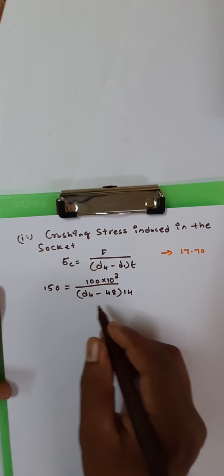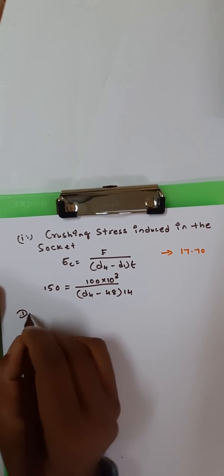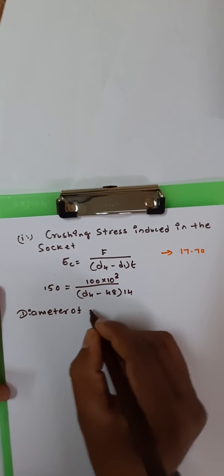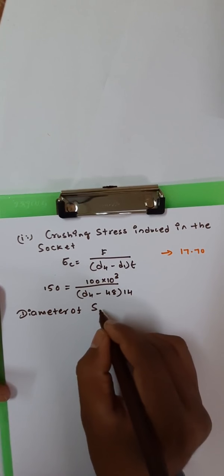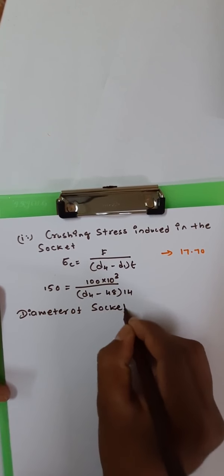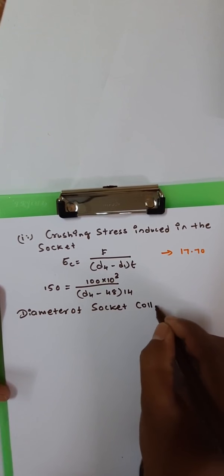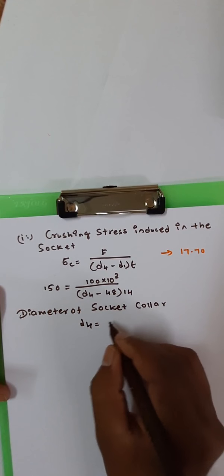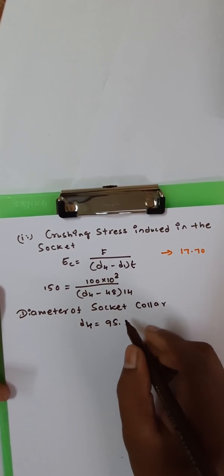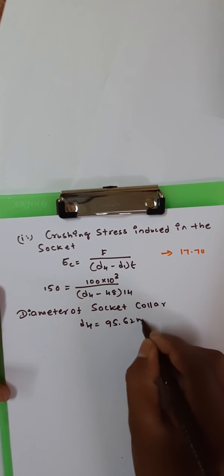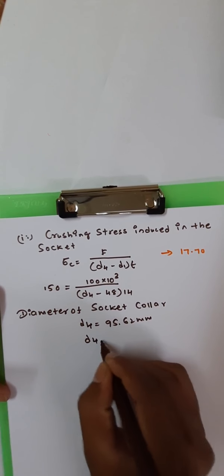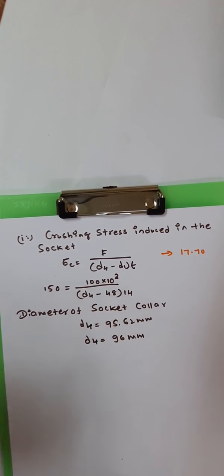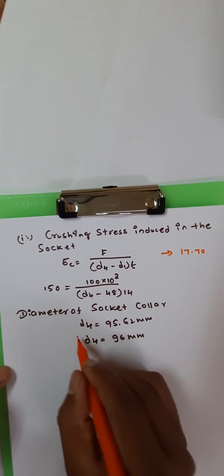If we simplify this, we'll get the diameter of the socket collar d4 is equal to 95.62 mm. I will make it d4 is equal to 96 mm. So this is the diameter of the socket collar.